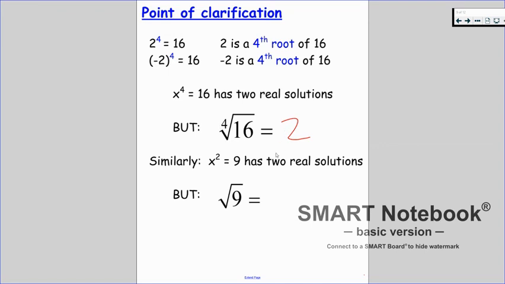One way to think about that is to think back to the graph. What does the square root function graph look like? It looks like that. So how many times does this graph hit 9? It hits 9 once, right there at 3. So that square root function or fourth root function has one answer.